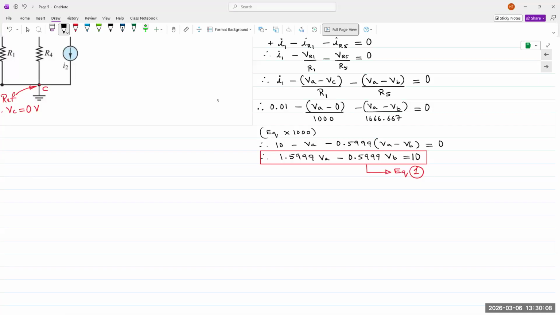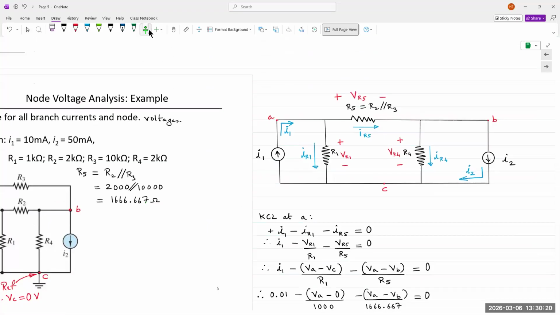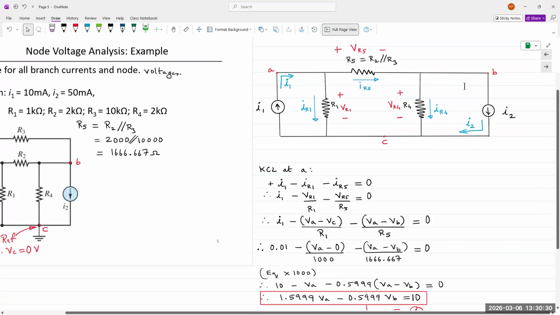Okay. Now let's apply KCL at node B. And we obtain, what do we have? At node B, I have IR5 coming in, I have IR4 leaving, I have I2 also leaving. That means IR5 is positive, IR4 and I2 are negative.